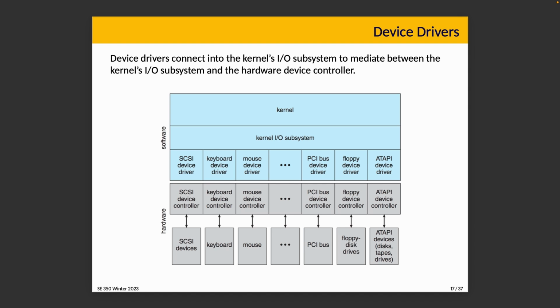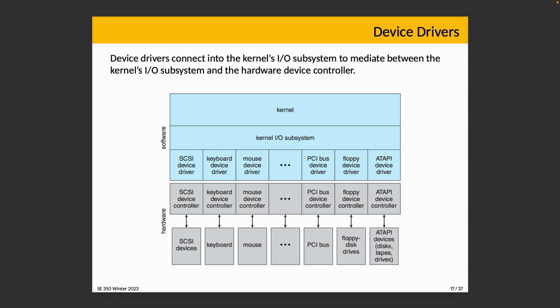And basically the idea is the driver is the level in between the kernel I/O and the actual device controller, such that when the kernel wants to issue a command, it can just call into the I/O subsystem and say, do this thing for me, please. And then the I/O subsystem will find the correct driver and pass that along, and the driver can then turn that into something that the hardware device can actually understand once it goes out over the bus.